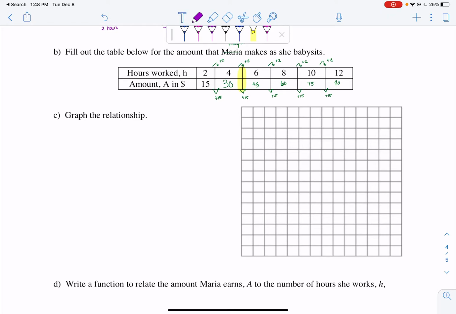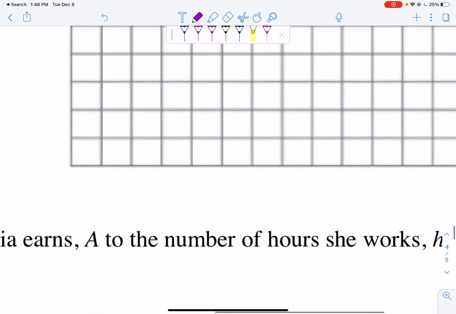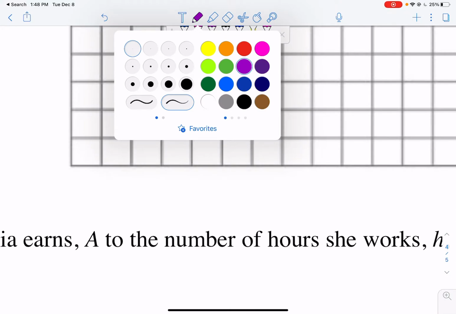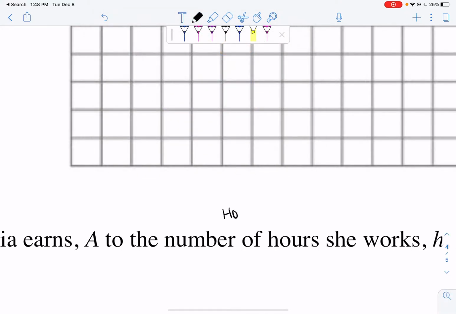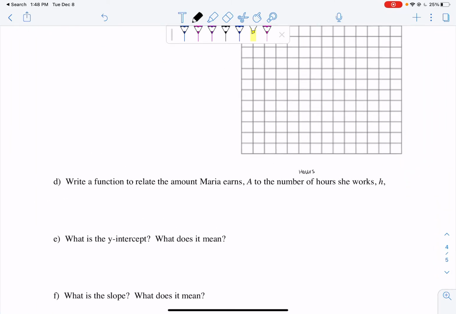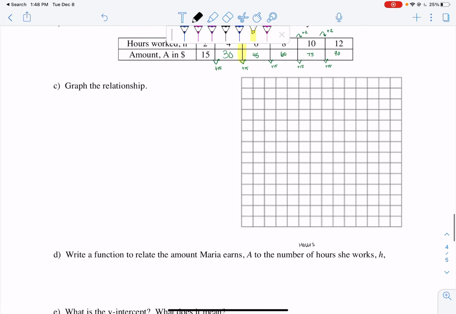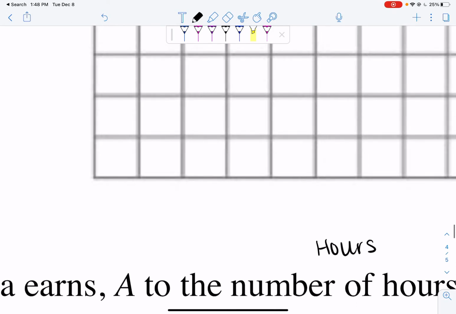When we're going to graph our relationship, we always make sure our x-axis is time and our y-axis is our dependent variable. So in this case, money. So I'm going to do hours here. And I'm going to make every box 1. So I'm going to go out by 2s.